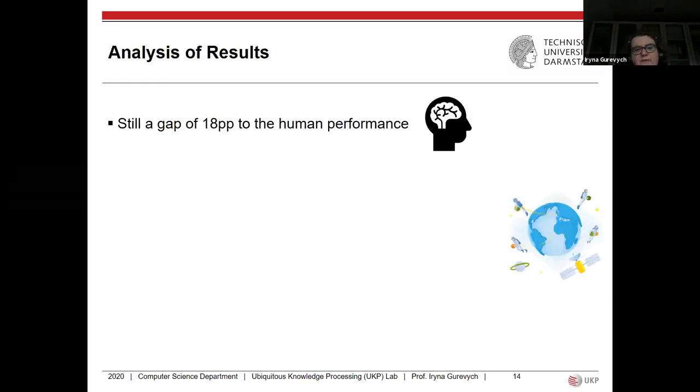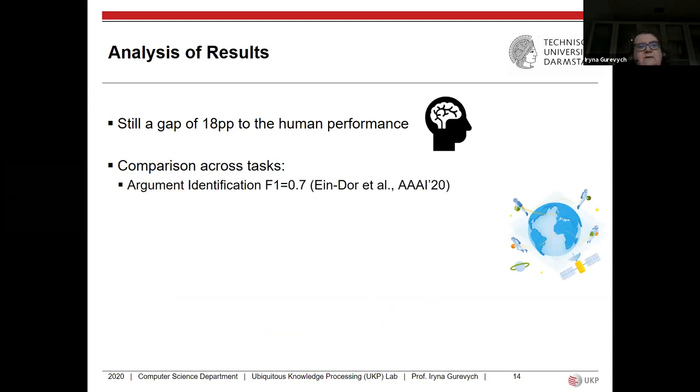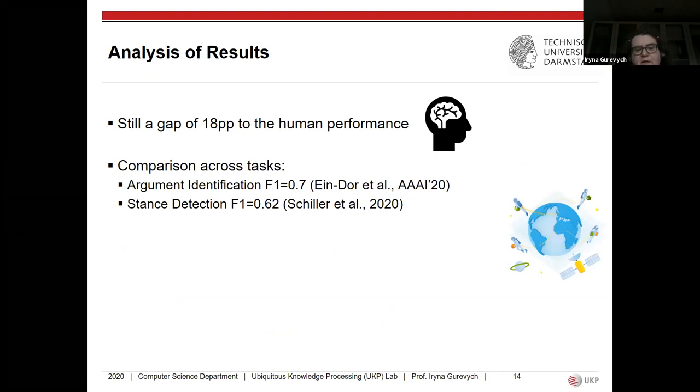In our analysis of results, we find that we still have a gap of about 18 percentage points to the human performance. And in comparing the results on the 2-label task with the 3-label task, we find that the task of argument identification has F1 of 0.7, which is considerably higher than stance detection, having the F measure of 0.62.